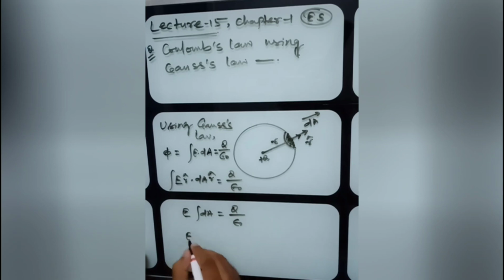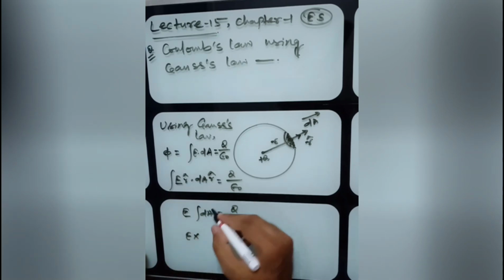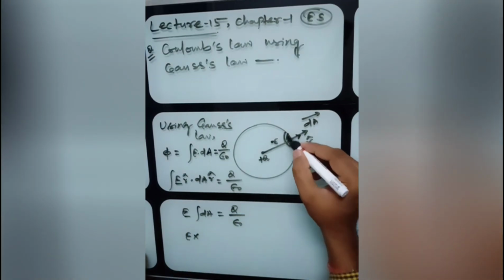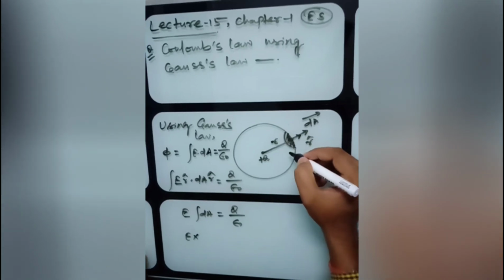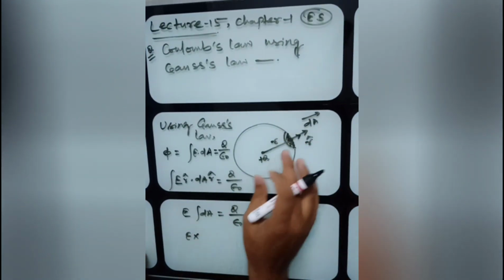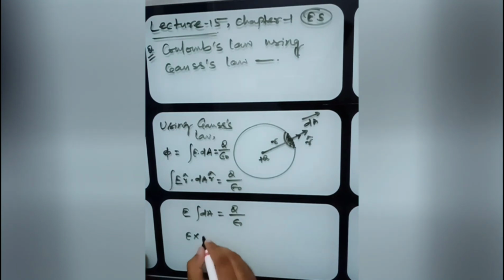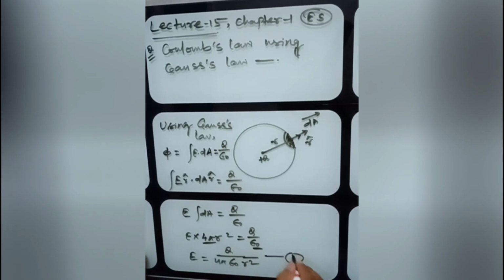Now E times the integral of dA. dA is the elementary surface area of this sphere, and the integral is the whole surface area, which is 4 pi r square, the surface area of a sphere, equals q by epsilon naught. So E will be how much? It is q by 4 pi epsilon naught r square. So this is equation 1.